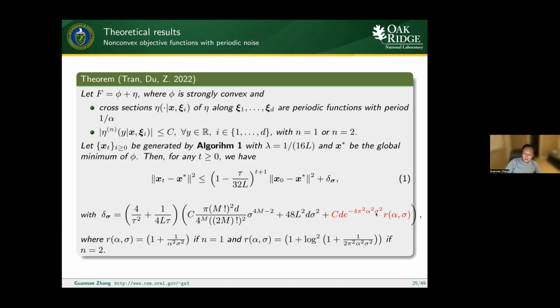At the beginning, we need to use a big smoothing radius sigma to make sure this whole term is under control. So that is the reason that justifies why we need a big smoothing radius for non-convex functions.